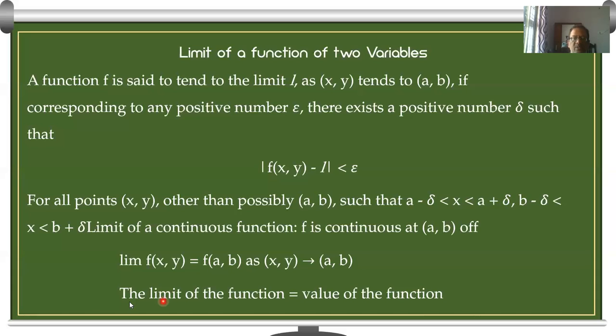That means the condition is: the limit of the function equals the value of the function. f of a, b is nothing but a certain value at a comma b, the value of the function at a certain point a comma b. It is a limit value, it is a fixed value.